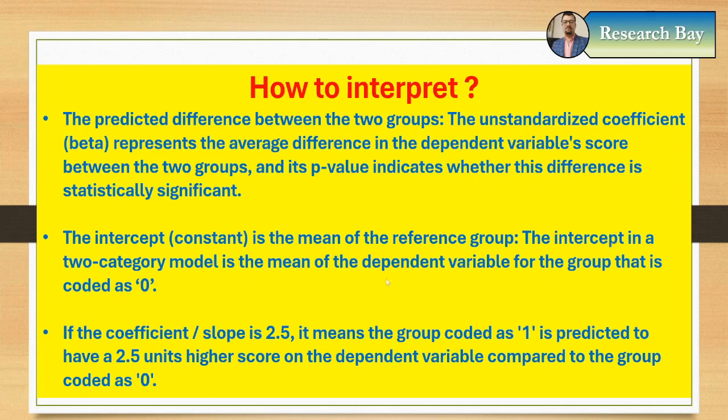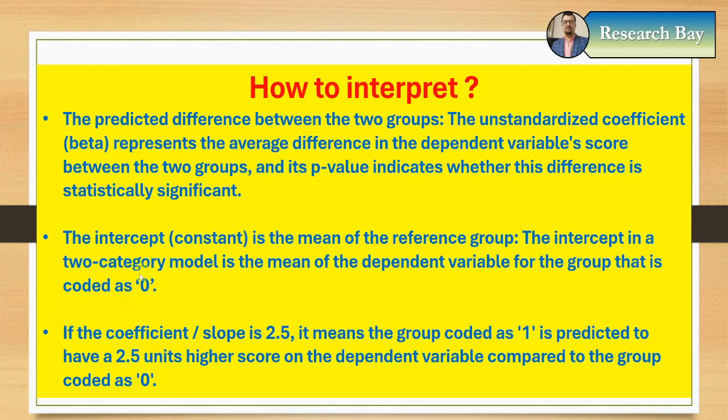The intercept in a two-category model, say you have gender as a categorical variable, wherein 0 denotes male and 1 denotes female. In that case, you don't need to do dummy coding because it's already 0 and 1. So, the intercept will be the mean of the dependent variable for the group that is coded as 0.